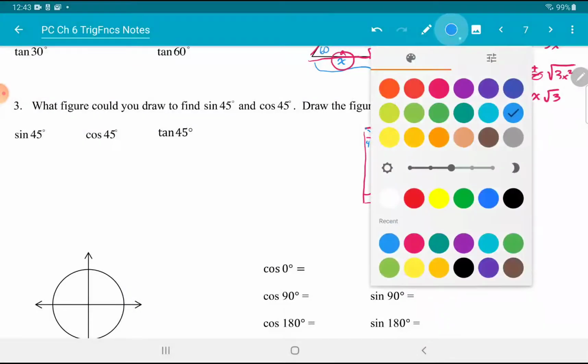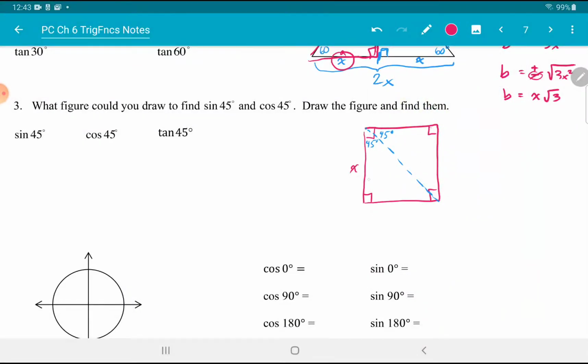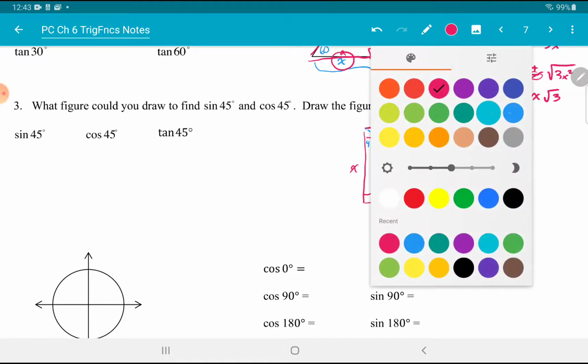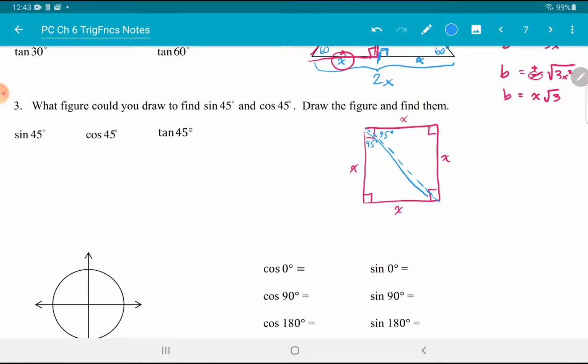Also, if we're dealing with a square, then we know that each of the side lengths are all equal to each other. So we have x, x, x, and x. And what we're looking for then is the length of this hypotenuse. We want to find that. Similarly, we can think about the Pythagorean theorem again. We have a right triangle here. So we have x squared plus x squared is equal to c squared, and that's what our length is, the c.